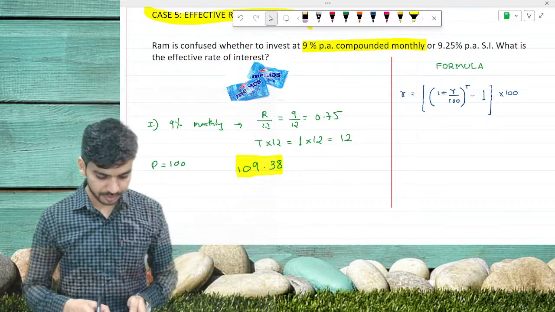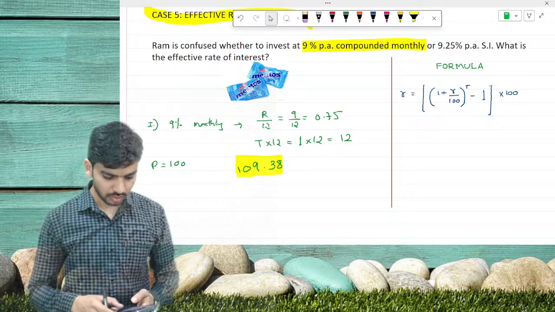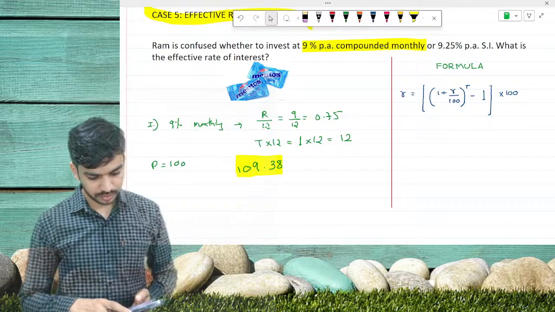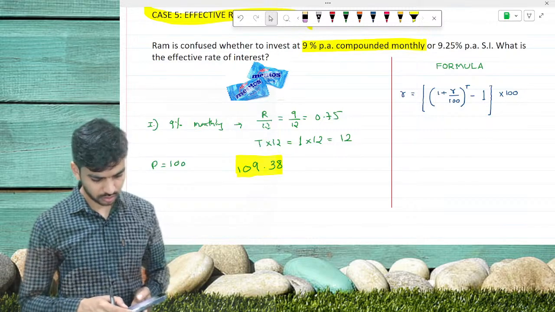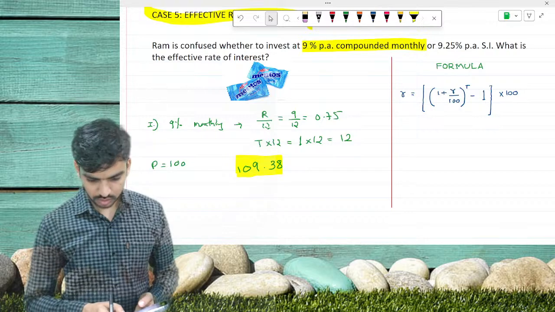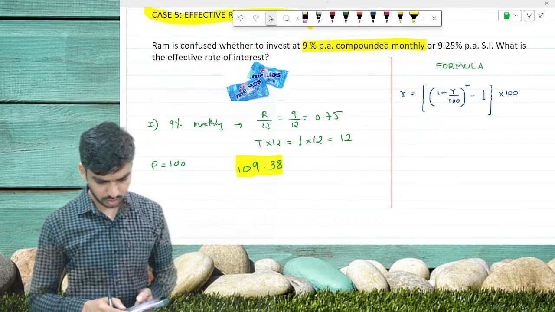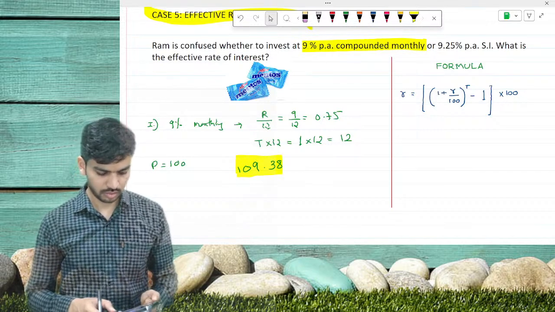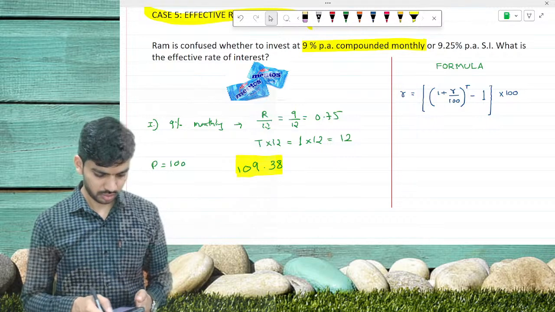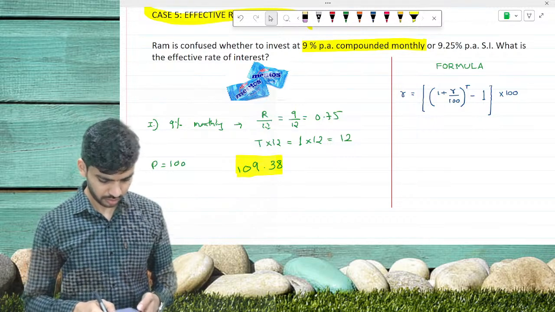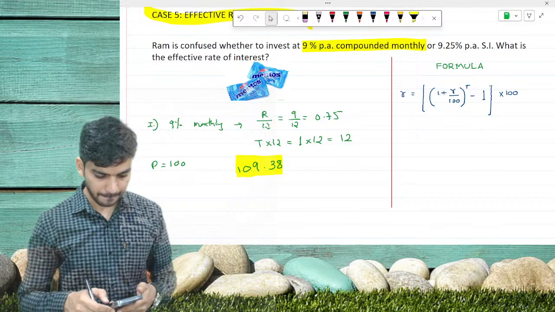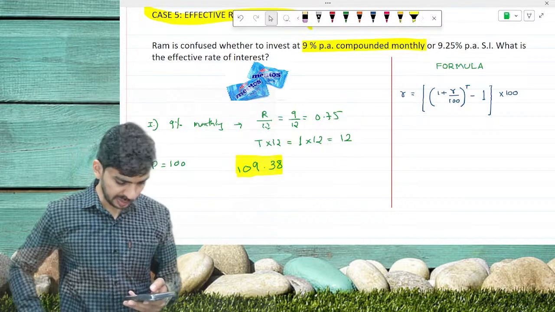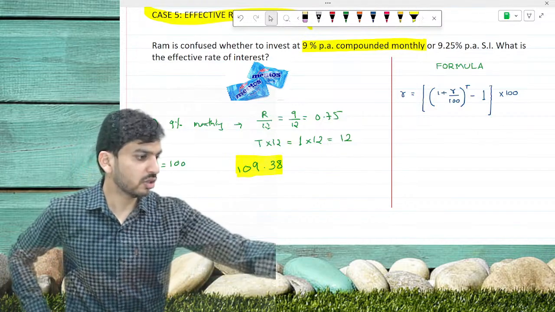Reply yes or no. Understood or not this part? Very good. Understood all of it. Very good.